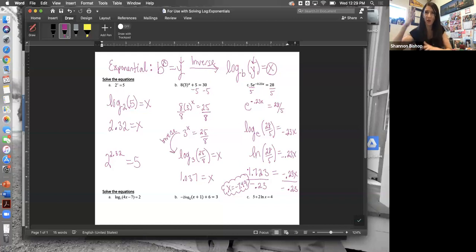But if you have other extraneous parts in the formula, like part B, for instance, what's up with the 5? The 5 isn't part of my exponential. It's just like a random plus 5. So yeah, if there's other extraneous things besides the base, the power, and the result, then you have to do that algebra first.